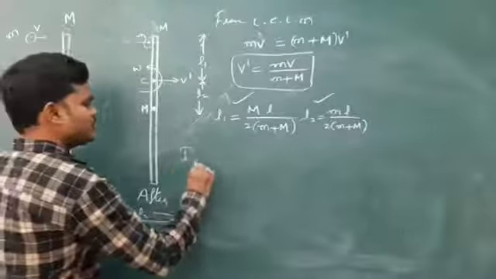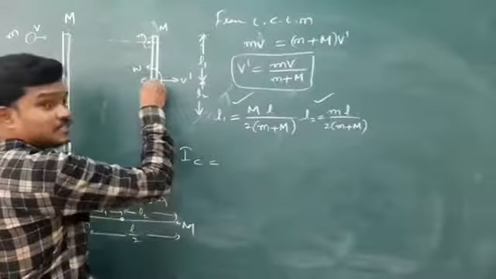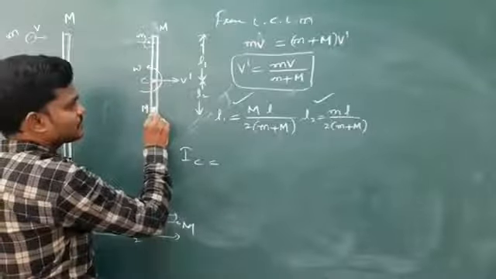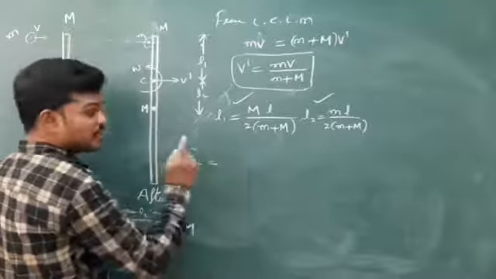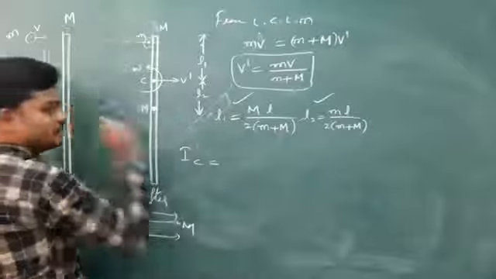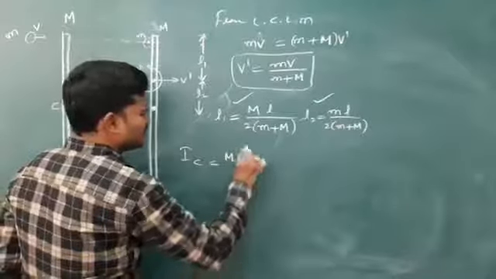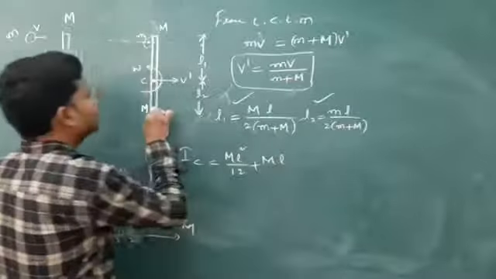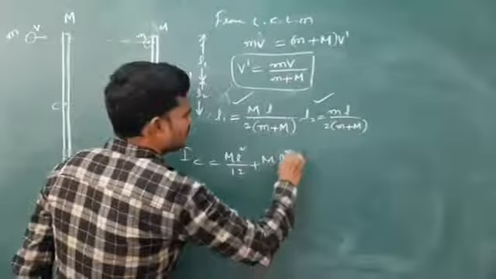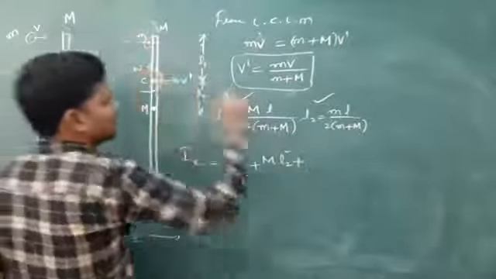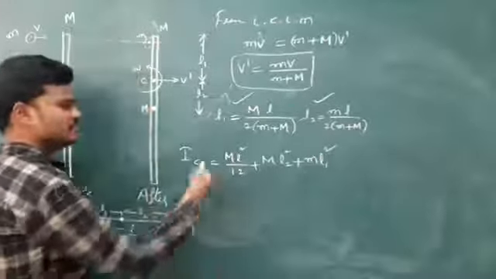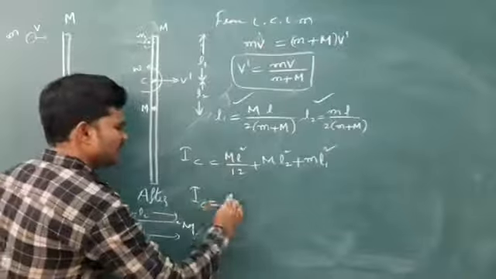And moment of inertia about the center of mass, about this axis. Moment of inertia passing through the center means passing through the initial value. So the rod's is M L square by 12, and capital M is at a distance of L2, so M L2 square, and small m is at a distance of L1, so m L1 square. Some calculations are lengthy, so substitute the values.